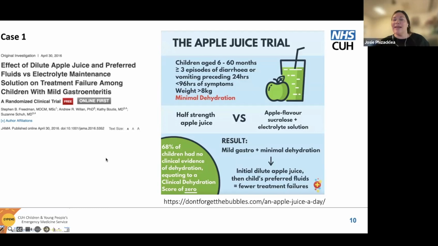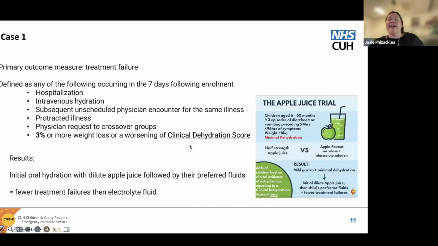So when they compared the electrolyte solution plus an apple flavouring, just so that there was some bias removed from the change in colour, versus the half strength apple juice, they actually found that it's more likely that the apple juice would be tolerated and outcomes were better. So the primary outcome measure was treatment failure. So did they fail their oral fluid challenge?